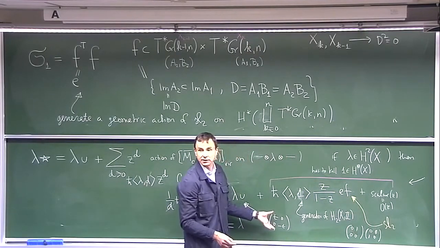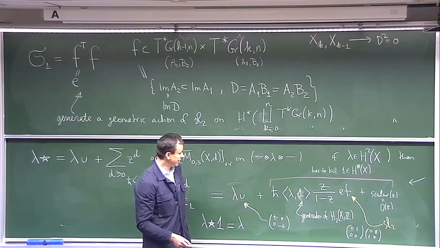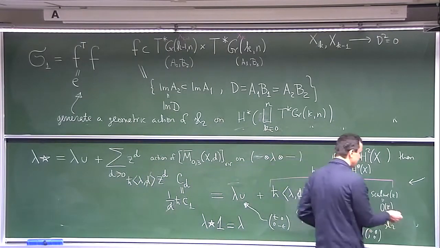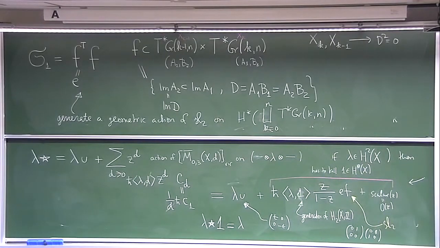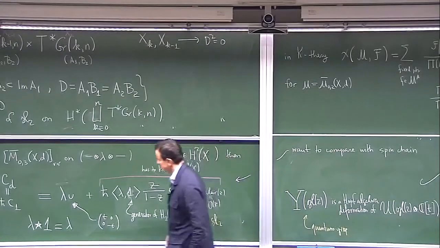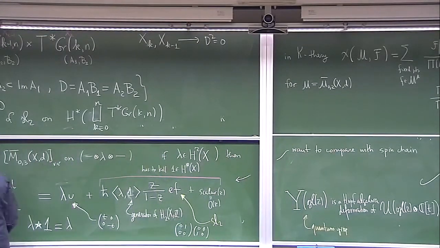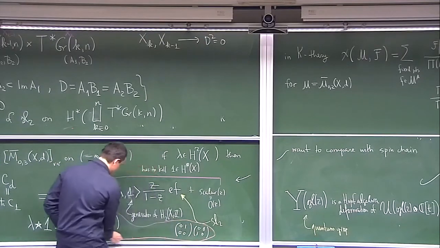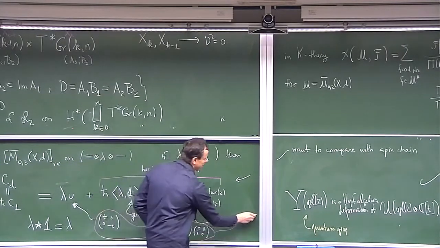So with some center, this together generates exactly this Yangian. With some central elements, these guys precisely generate this Yangian.